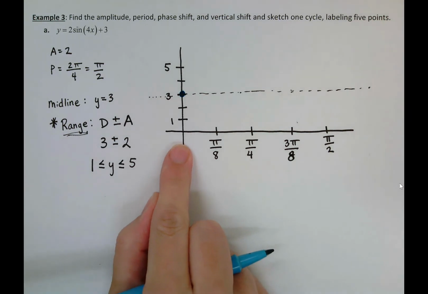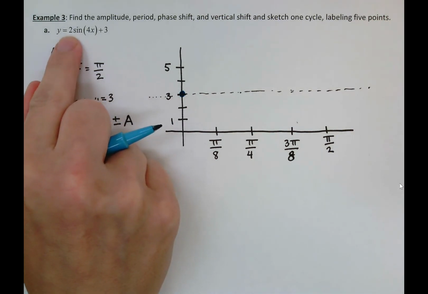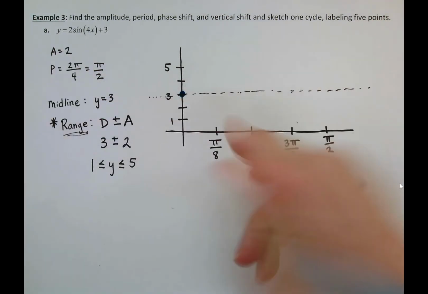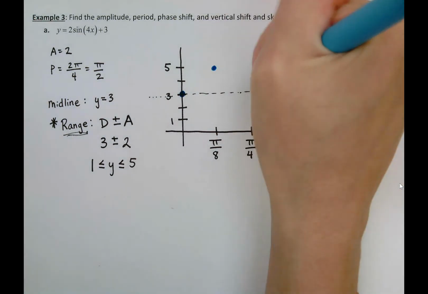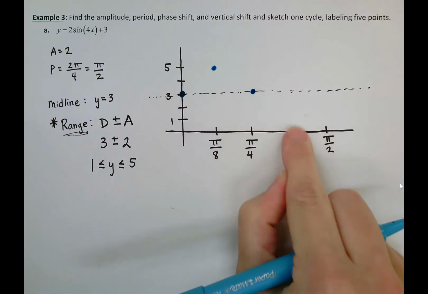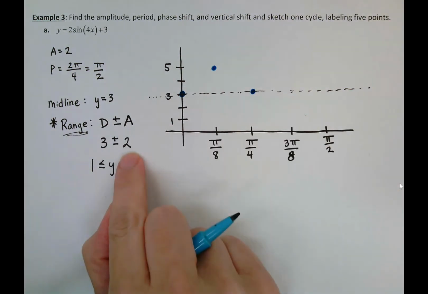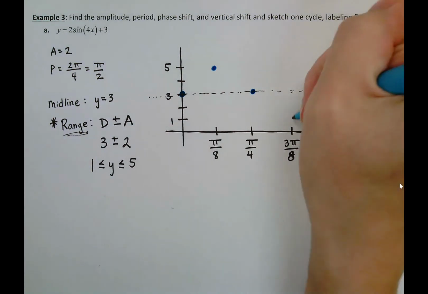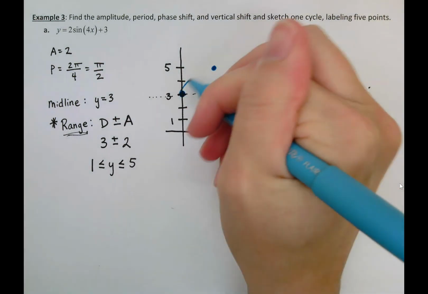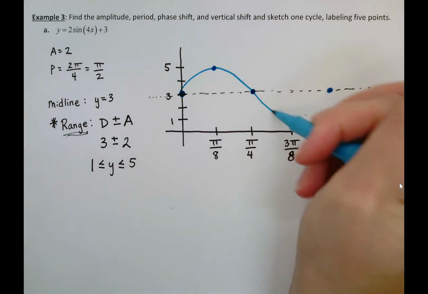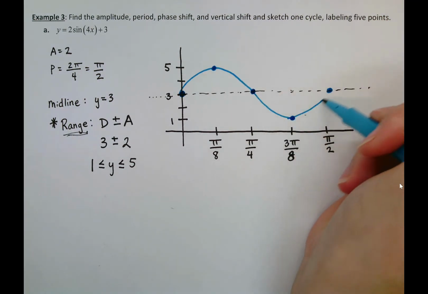Since this is positive, sine goes up, so it's going to go up to its highest point at our next tick mark, then back to the midline, then down to its smallest point. We set our range at 1 to 5, so it's going to hit 1, and then back to my midline, and there is my basic shape graph of sine.